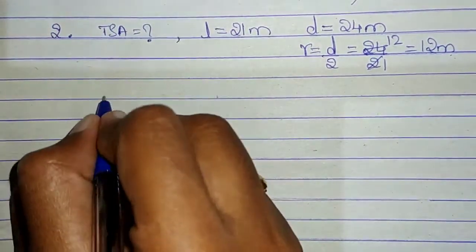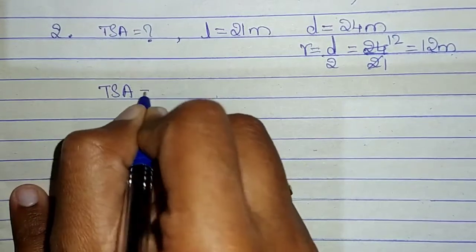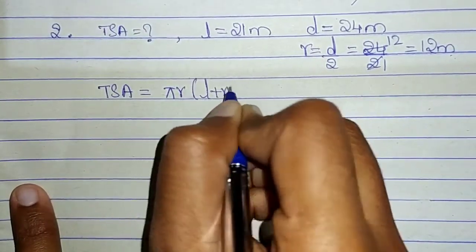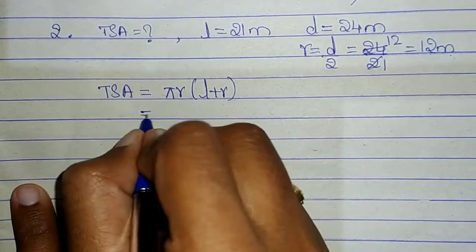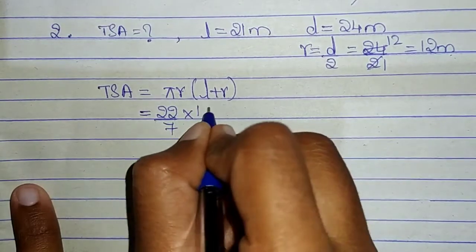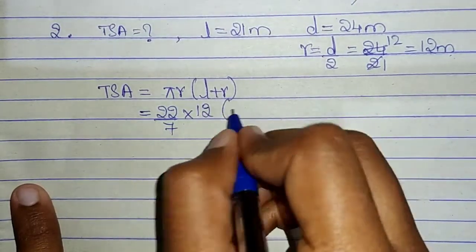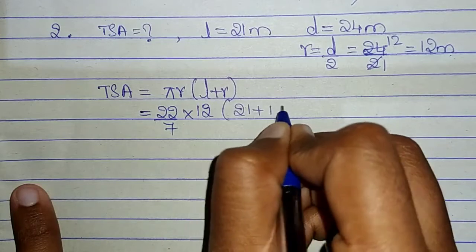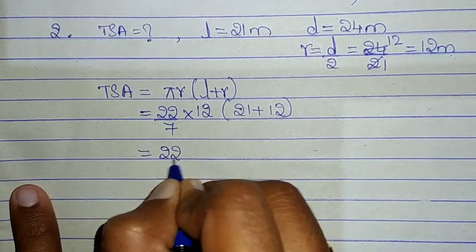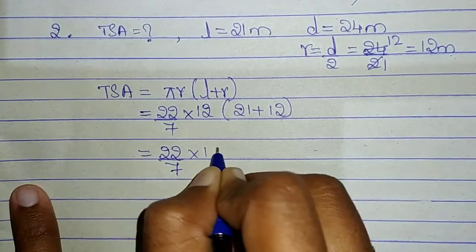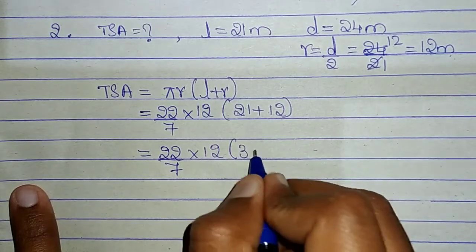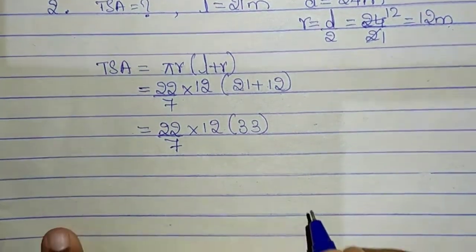Now to find TSA, we know that TSA, total surface area, is equal to pi R into L plus R. So this is equal to 22 by 7 into R, which is 12, into brackets L, which is 21, plus 12. So this is equal to 22 by 7 into 12 into 21 plus 12, which is 33.